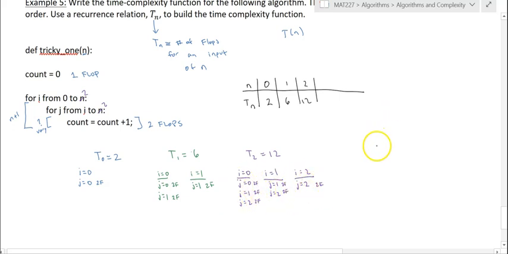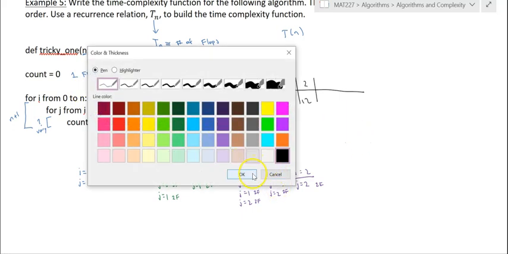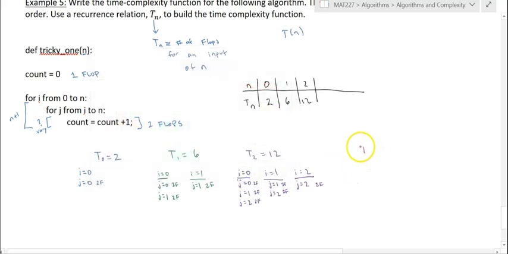So if we were to hypothesize what T4 would look like, well, the hypothesis would be, if there really is a pattern here, that it's going to run 4 of 2 flops, 3 of 2 flops, 2 of 2 flops, and then 1 of 2 flops. And so if I had another column here of j equals 0 through 3, I'm sorry, not T4, we're going to do T3, then I would say it's going to run a total of 4 times 2 flops, 3 times 2 flops, 2 times 2 flops, and 1 times 2 flops.